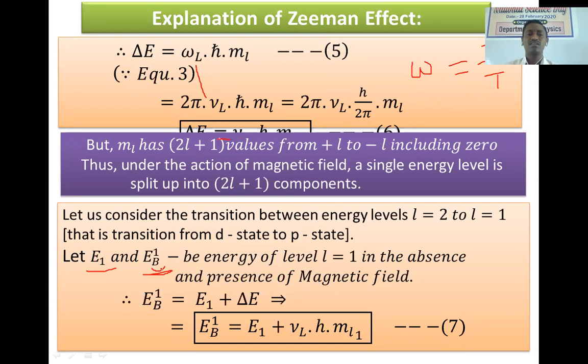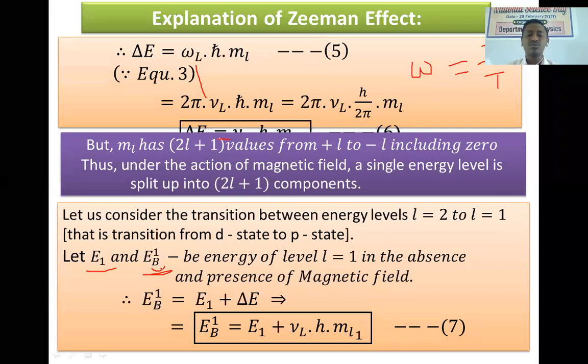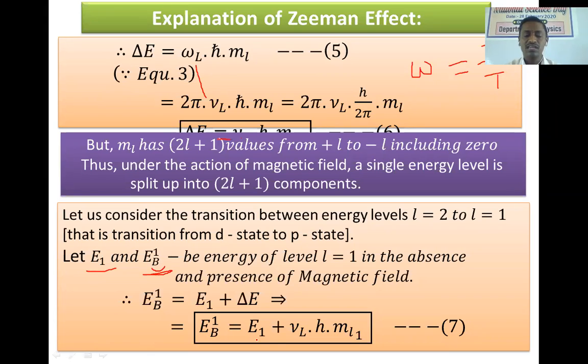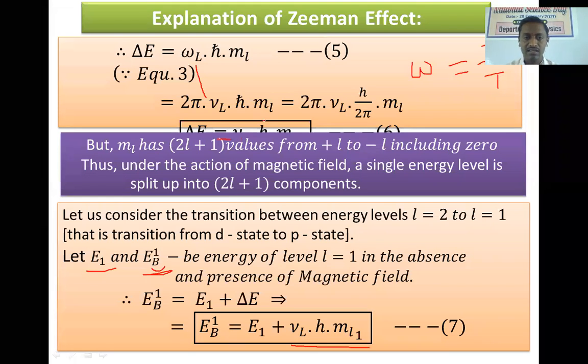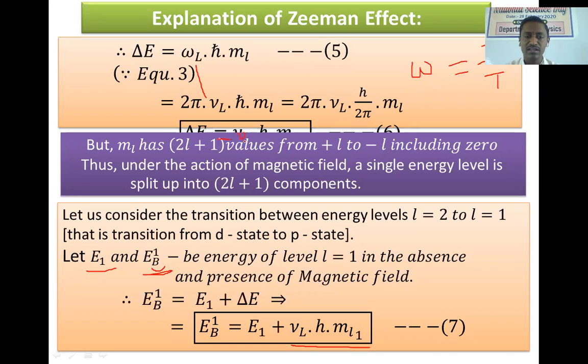Because the increase in energy is equal to the interaction energy, we can simplify the equation as EB1 equals E1 plus nu L h ml1. I have substituted this value of delta E from equation number 6. Here equation 6 is nu L into h into ml.